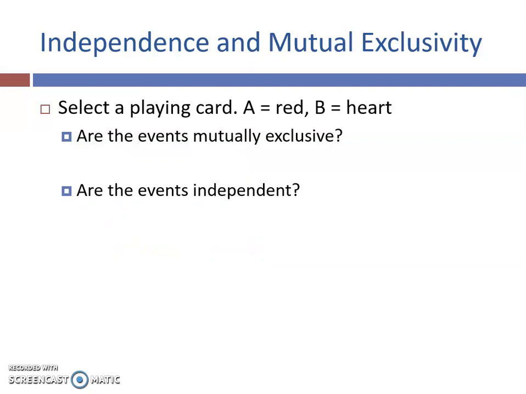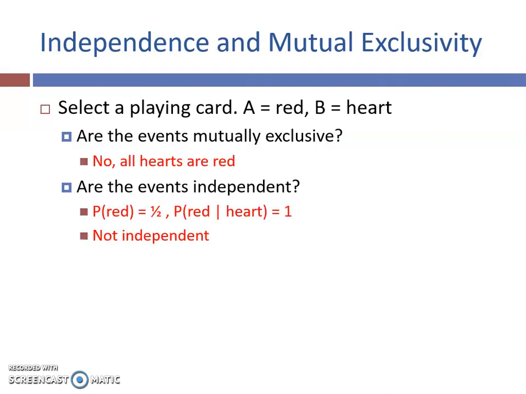A is red, B is that it's a heart. Think for a moment. Are they mutually exclusive? Are they going to be independent? So they are not mutually exclusive, because if you have a heart, it is going to be red. So there is overlap there. Are the events independent? If I told you what's the probability of picking a red card, we know it's a half.